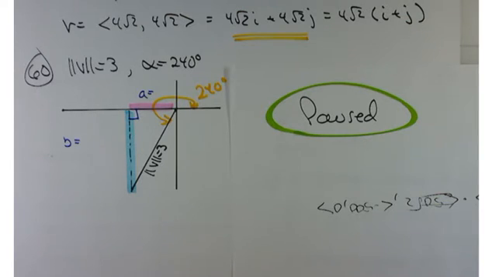Choose sine. It's opposite over hypotenuse. So B over 3 is sine of 240. And your cosine is adjacent over hypotenuse. So here, A over 3 equals cosine of 240.